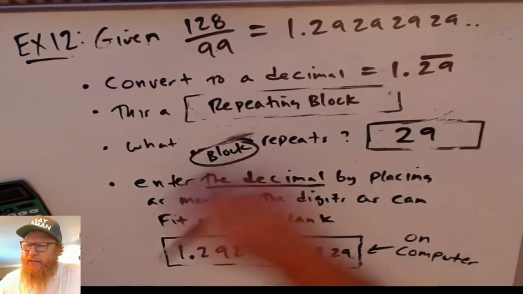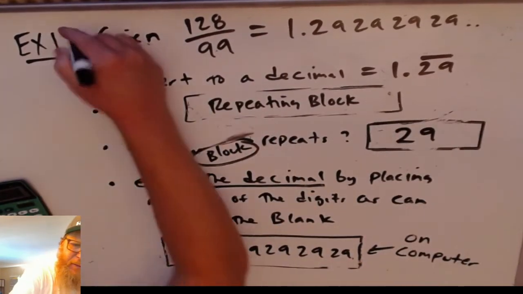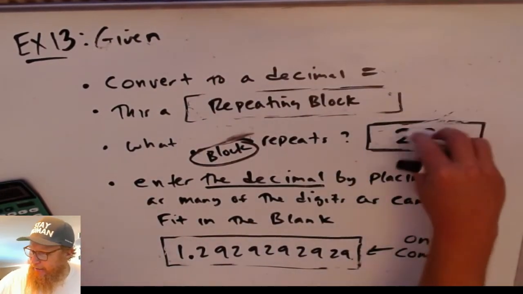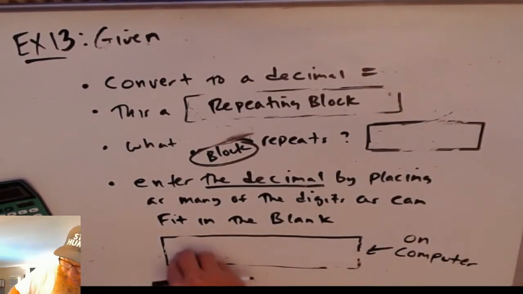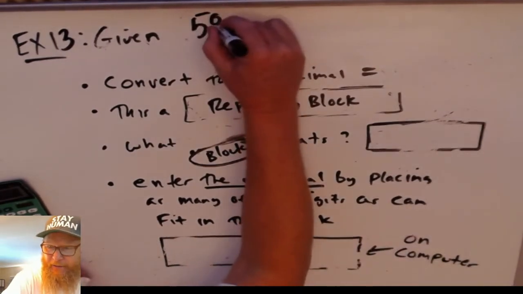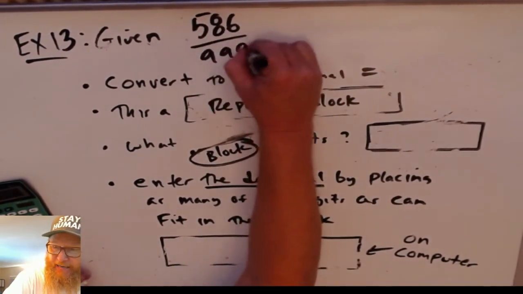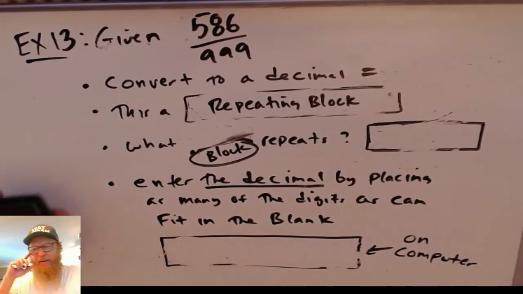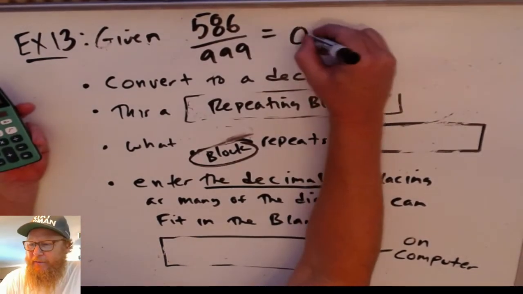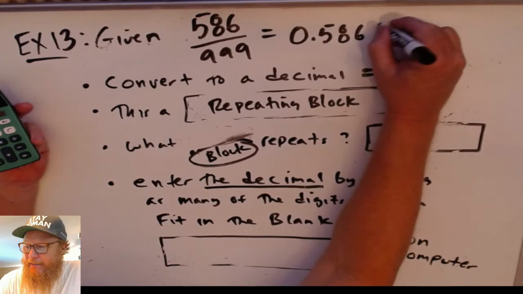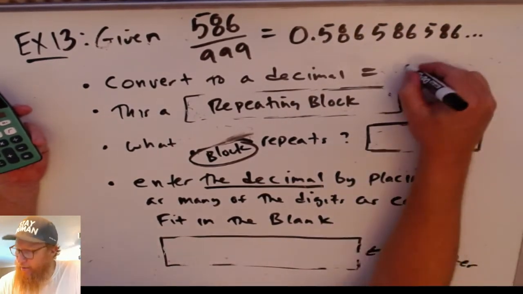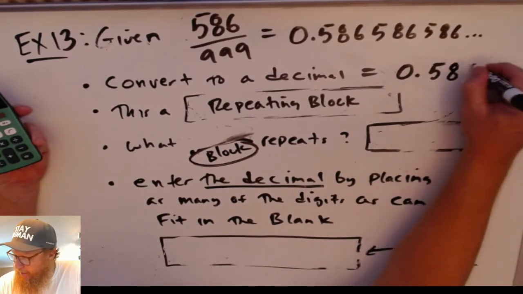So that at least alludes to the fact that if you had 586 999ths, notice what happens. 586, 586, 586. I think we're on to something.